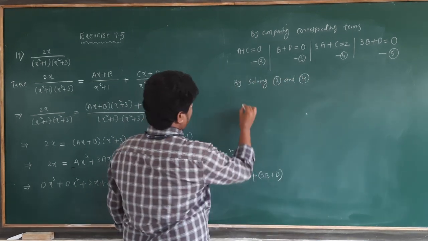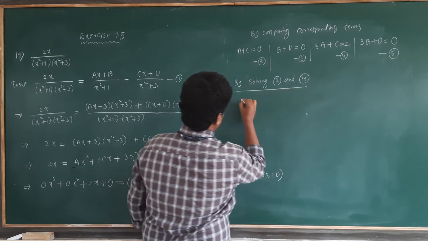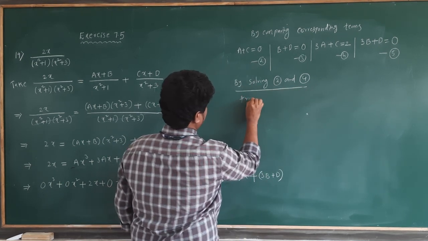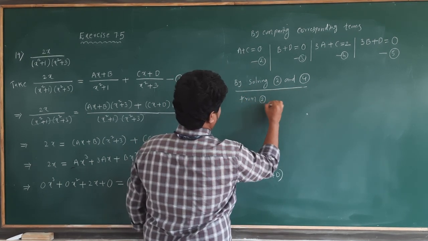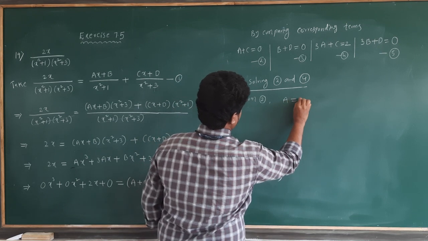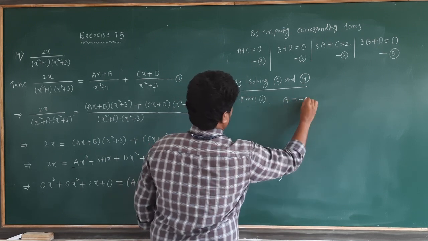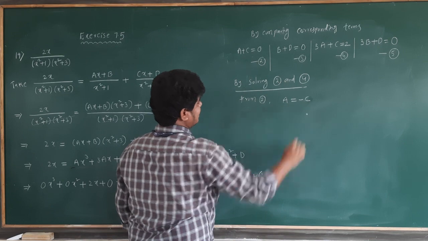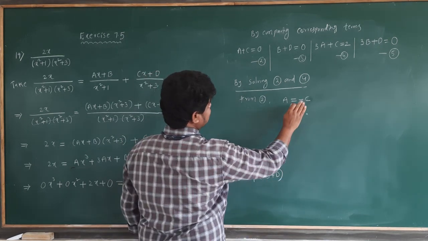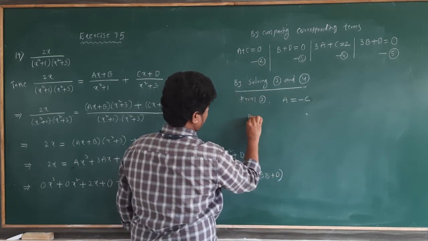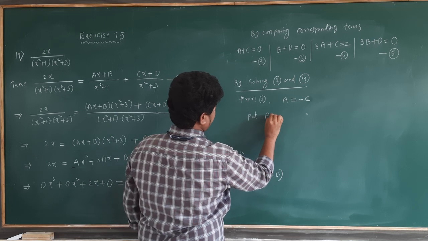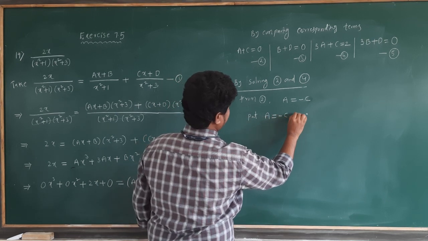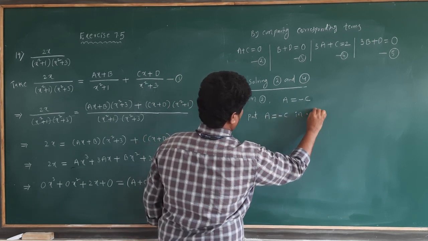Okay. From 2, a is equal to minus c. Put a equal to minus c in 4.